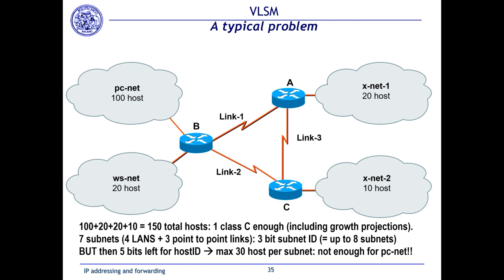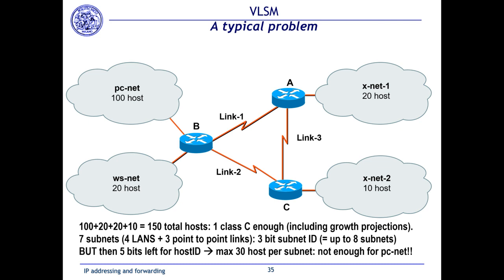If you try to configure this network without using the variable length subnet mask technique, then you result in a lot of waste, or it's even impossible to subnet this network. Because, for example, here you have 150 total hosts if you count all the networks. So with 150 total hosts, in principle, a class C network would be enough.